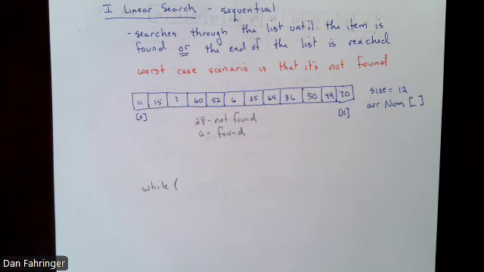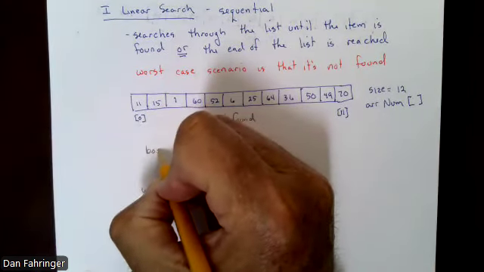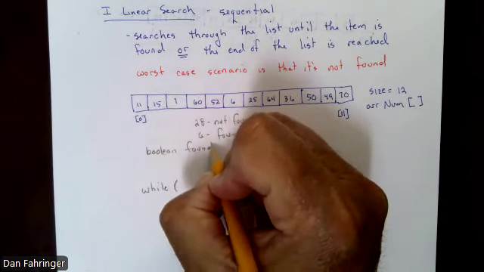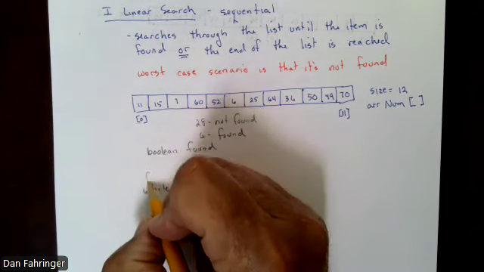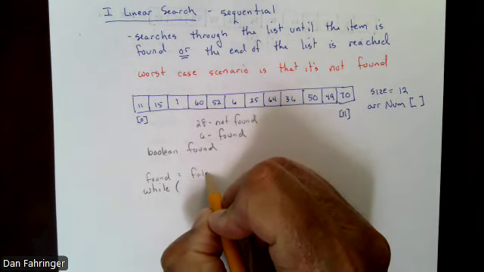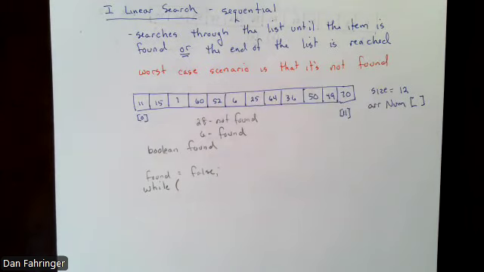Give me something that I could use for found. A Boolean. Yeah, I'm going to use a boolean for found. And when I go in here, I'm going to set found as false. It's going to be one of my ways to get out of there.